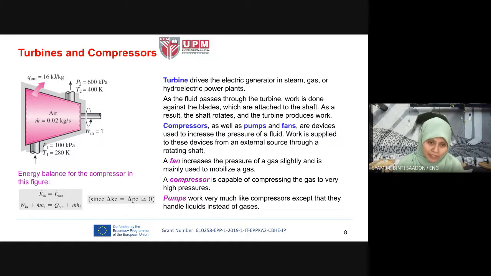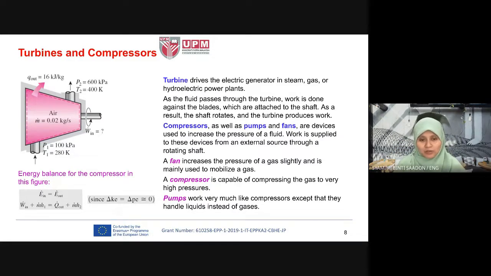For any power plant to produce electricity or mechanical power, a turbine can produce power work. So the turbine is the one that produces power work, and the compressor is the one that uses some of this power produced by the turbine to run the compressor again.